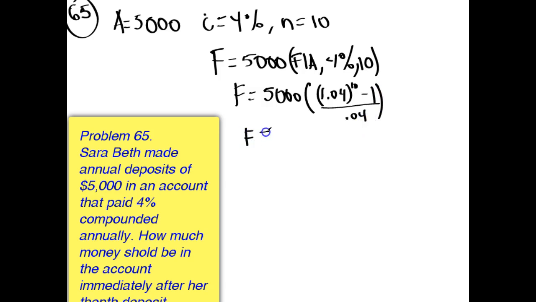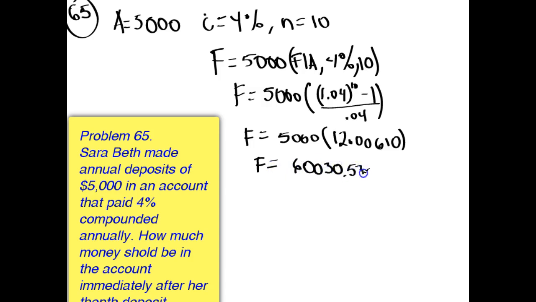That is, the future value is 5,000 times 12.00610. The future value is then $60,030.53.